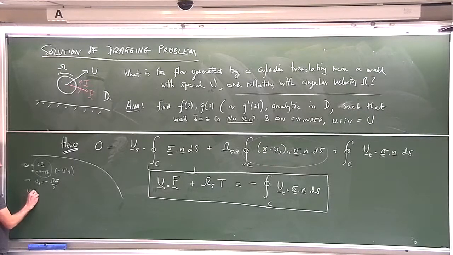Right, and then u minus iv is 2i d psi by dz, which is minus i omega z bar. The vorticity is always twice the angular velocity. And remember, the vorticity is minus del squared psi, which in complex notation is minus 4, remember the 4, d by dz d by dz bar.